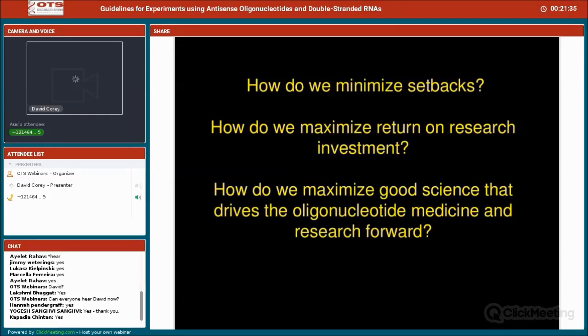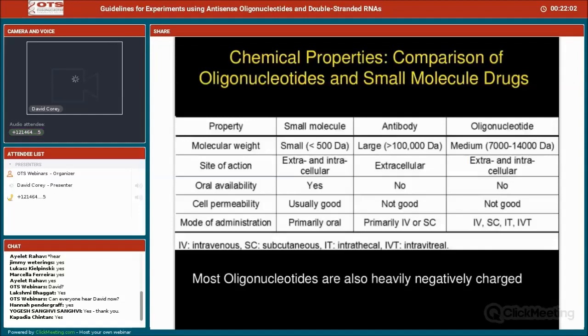The field needs to move forward as efficiently as possible because it competes with antibodies. It competes with small molecules. And now it's going to start competing with gene therapy. So efficient forward progress is critical if the field is going to continue the exciting trajectory of success that we've seen in 2018.